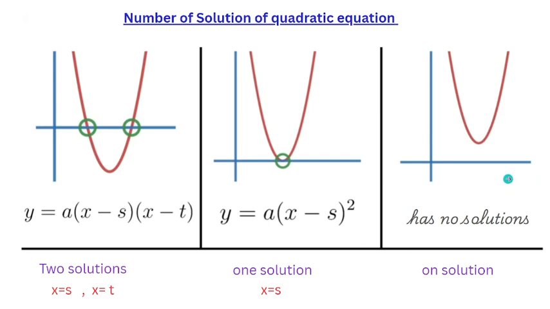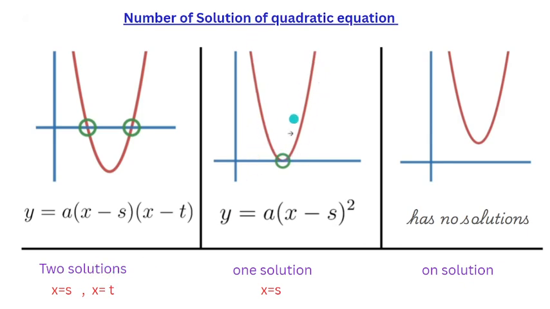The number of solutions of a quadratic equation. The solution of the quadratic equation comes from the intercept between the parabola and the x-axis. If the parabola intersects the x-axis at two points, we have two solutions.